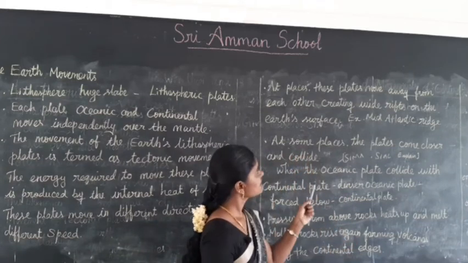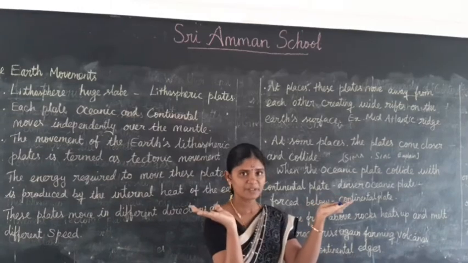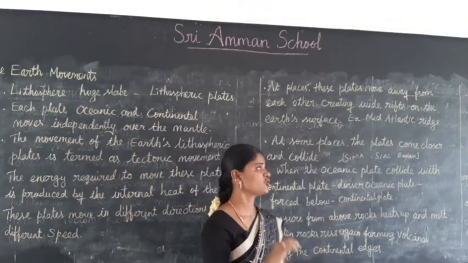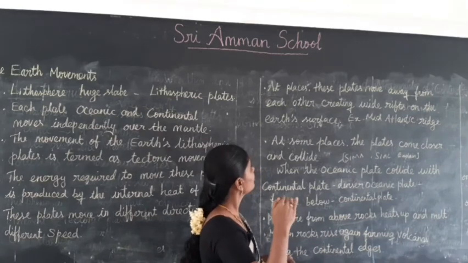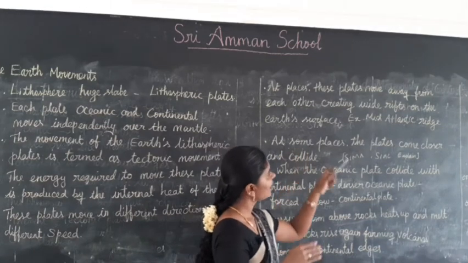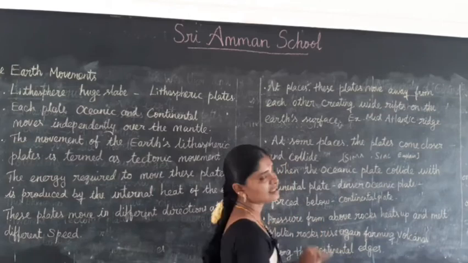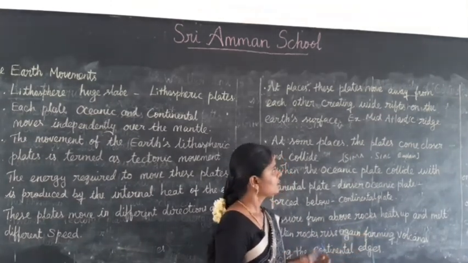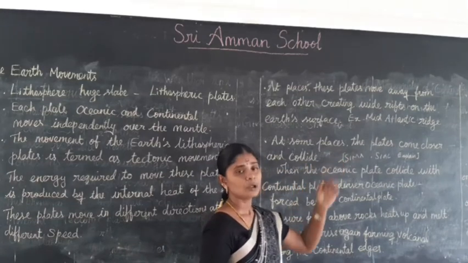At some places these plates move away from each other, in opposite directions, creating wide rifts on the Earth's surface. An example is the Mid-Atlantic Ridge.